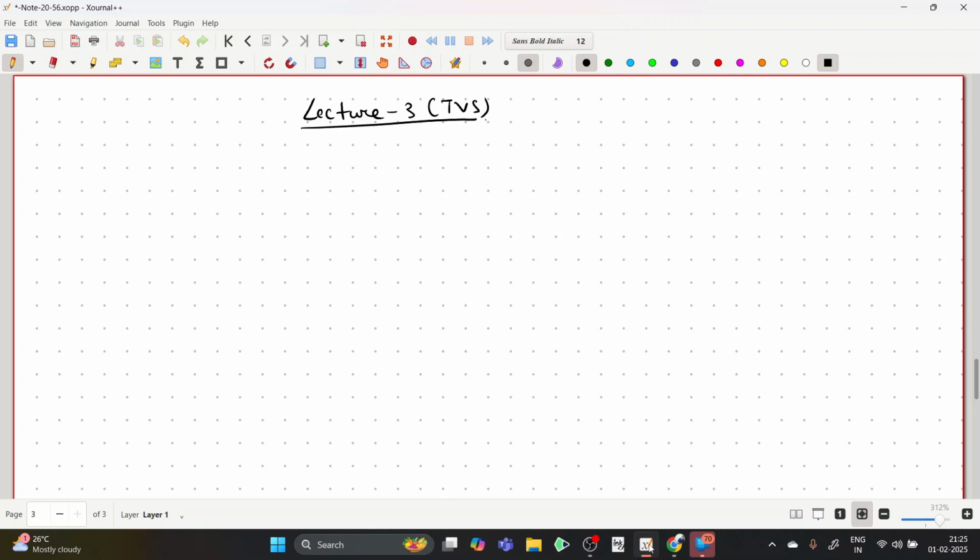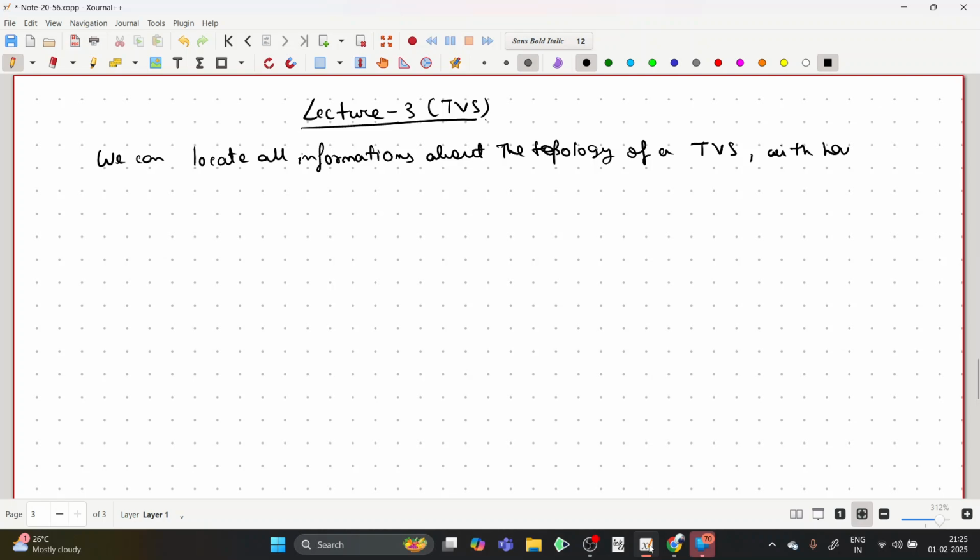And in the previous lecture, we had discussed a very important result, which said that we can locate all information about the topology of a topological vector space with having knowledge only about the local properties, right?